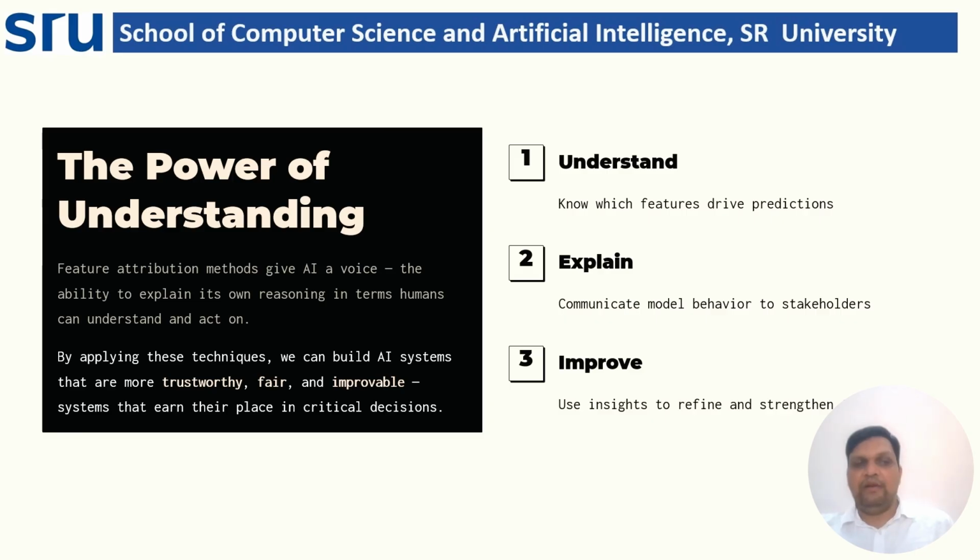Systems that earn their place in critical decisions. Understand: know which features drive predictions. Explain: communicate model behavior to stakeholders. Improve: use insights to refine and strengthen.